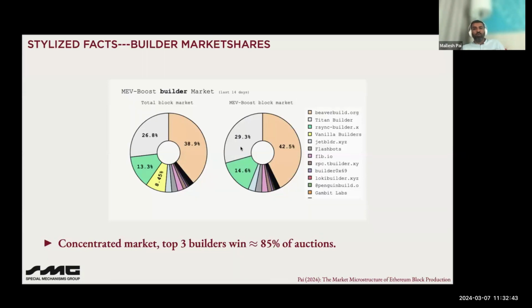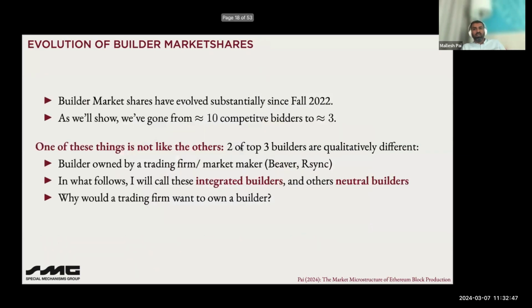Now, why am I focusing on Beaverbuild and rsync? These two builders, I will argue, are qualitatively different from the other builders in this market. Titan and a lot of the other builders are simply trying to solve that computational packing problem.